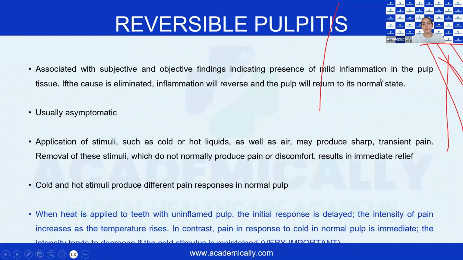Okay. Our first step, or the milestone the pain takes, is reversible pulpitis. Reversible pulpitis is associated with subjective and objective findings indicating the presence of mild inflammation in the pulp tissue.